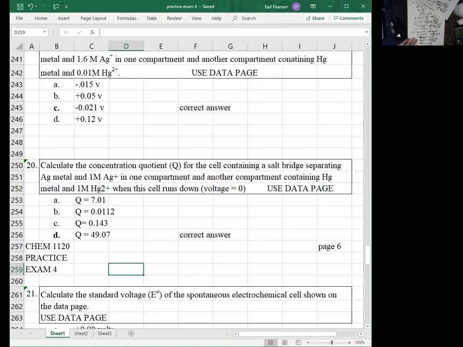I see a little bit of a difference, but it's still within the range that we said it would be. With 3 significant figures, what I really should have is 49.1, and I got 49.2 when I worked it out. So that's close enough to identify that as the correct answer.